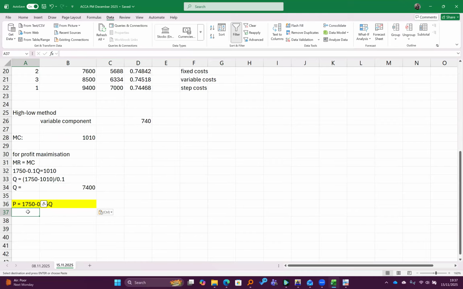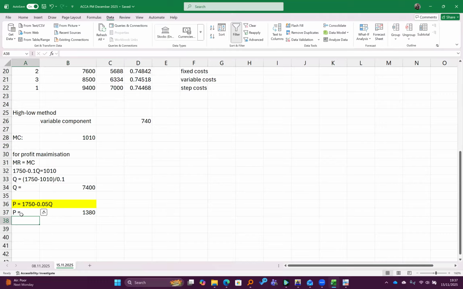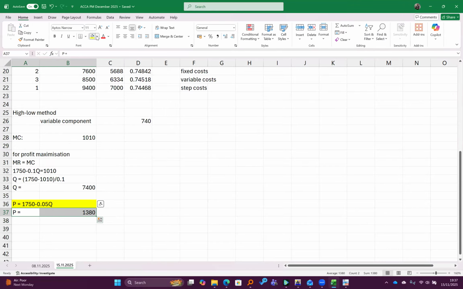So price will equal 1750 minus 0.05 multiplied by our Q, which gives us 1380. So this is the profit maximizing price.